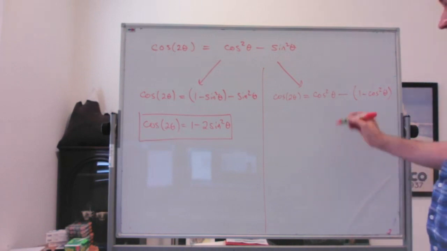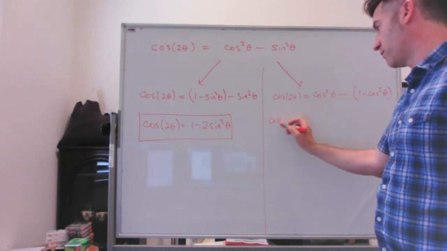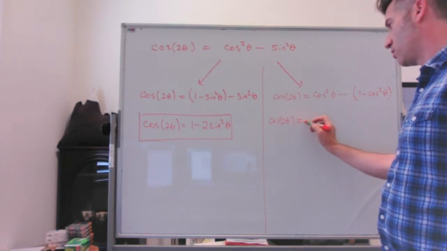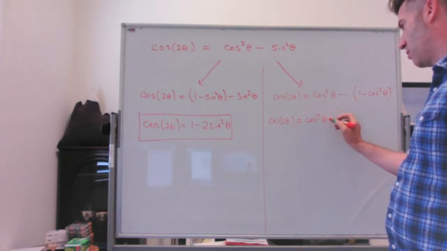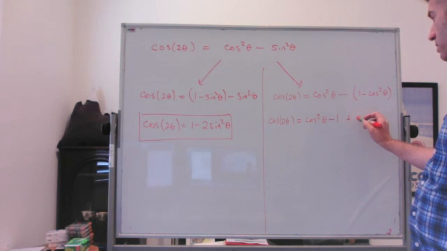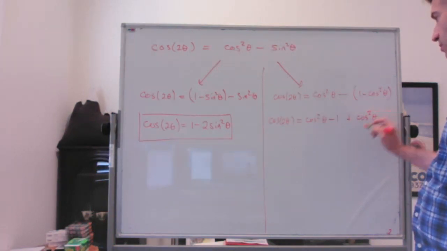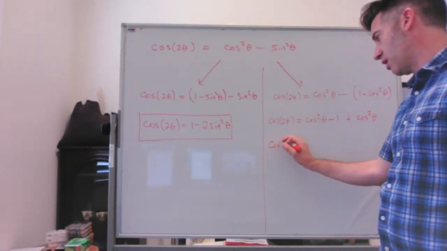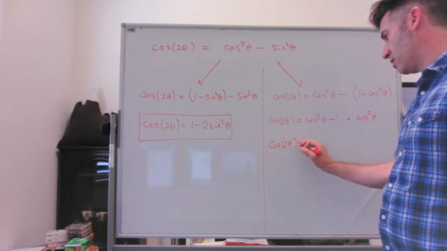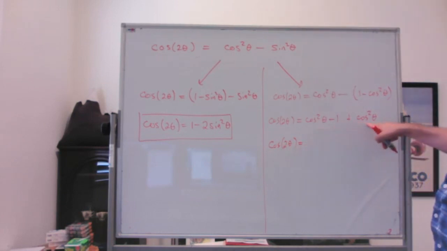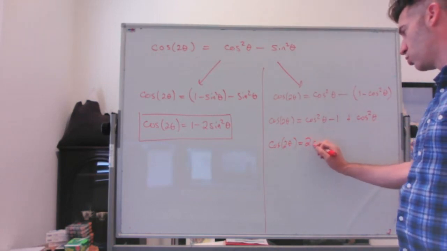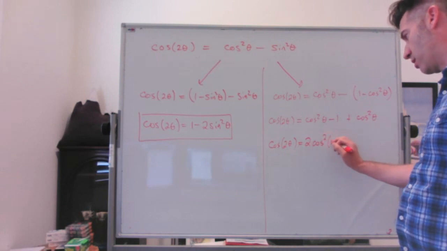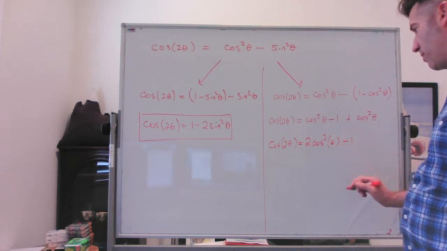We're going to distribute the minus sign. So cosine of 2 theta equals cosine squared theta minus 1 plus cosine squared theta. And then we're going to say that cosine of 2 theta equals cosine squared theta plus cosine squared theta is 2 cosine squared theta minus 1.